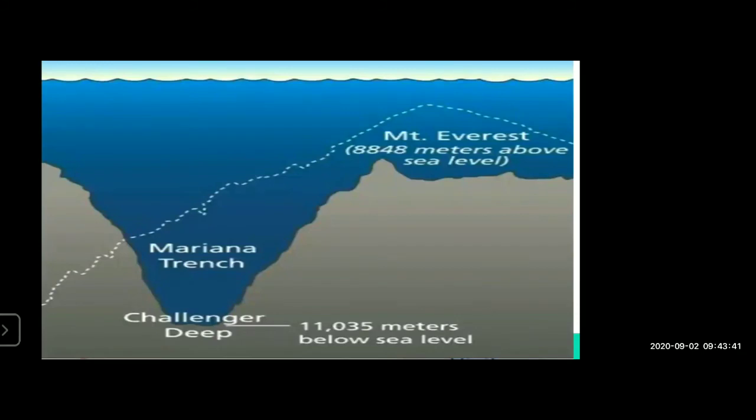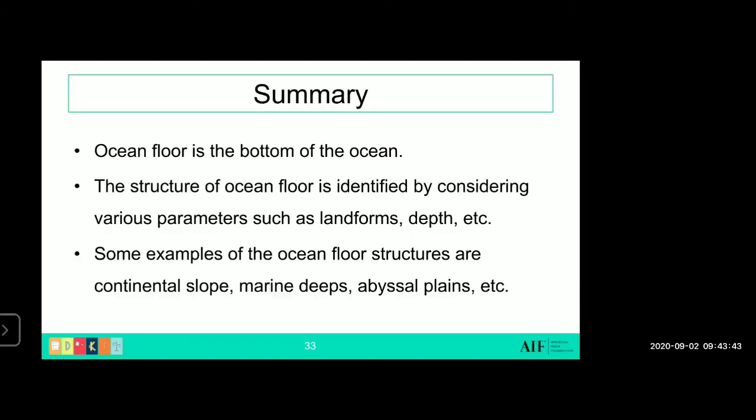Okay. Now we will quickly revise the summary of what we have learned today. The ocean floor is the bottom of the ocean. We have seen the ocean floor today.